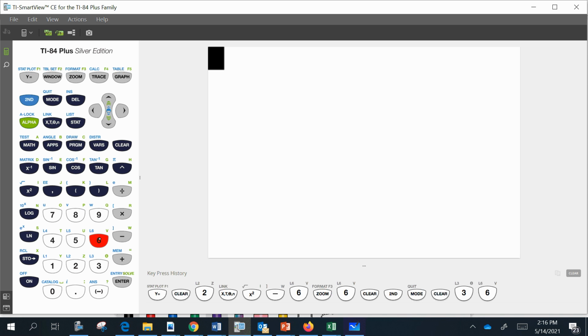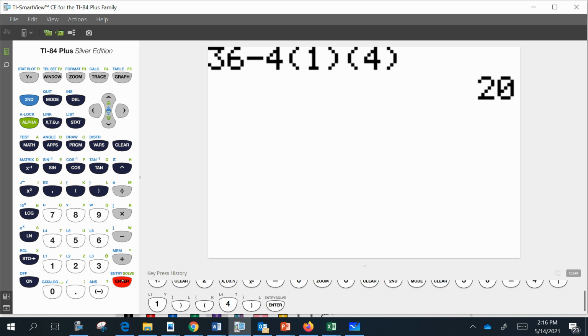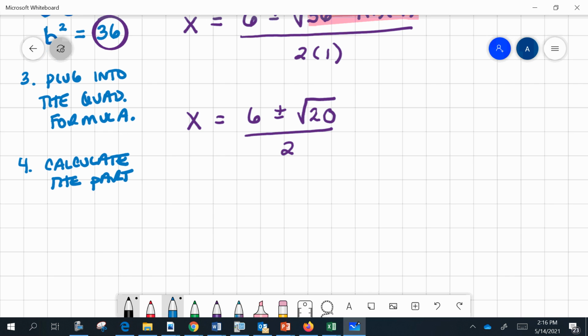I'm going to type in 36 minus 4 times the a value, and I even put parentheses in for my multiplication. And the number that I get under that radical right there is 20. Notice I'm not taking the square root of 20. I just want to calculate the number under the radical. So that's what I want you to do right here: calculate the part under the radical.